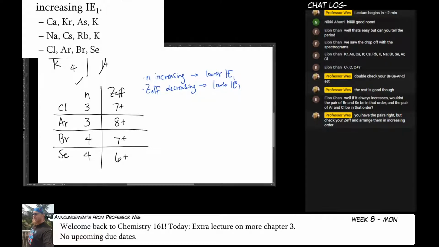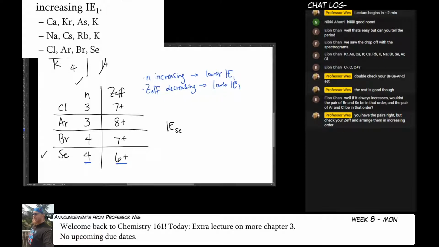And if Z effective is lower, then I will have a lower ionization energy as well. So of these, you can choose the one that should have the lowest ionization energy because it has the highest N and the lowest Z effective. So selenium has to be the lowest. So we got that one done.